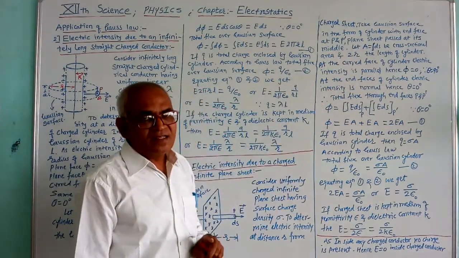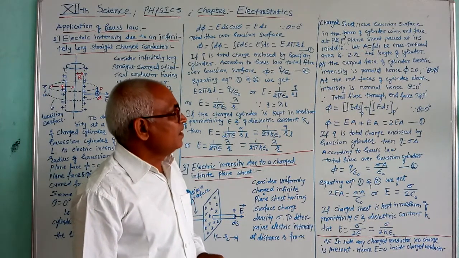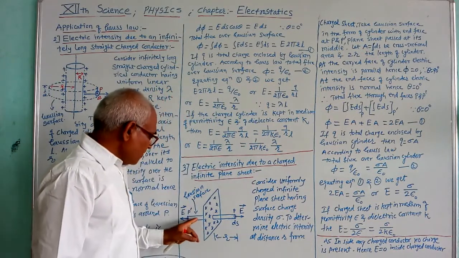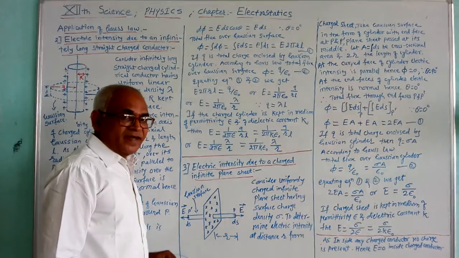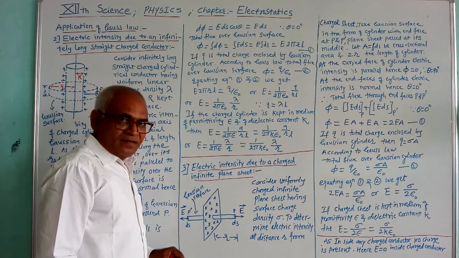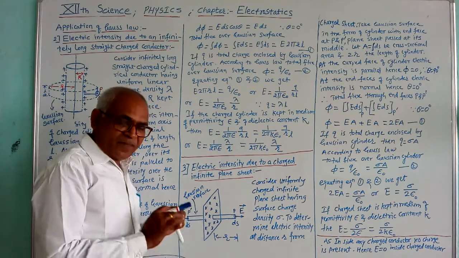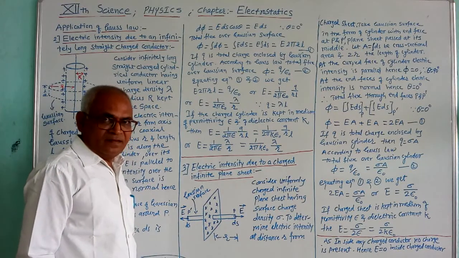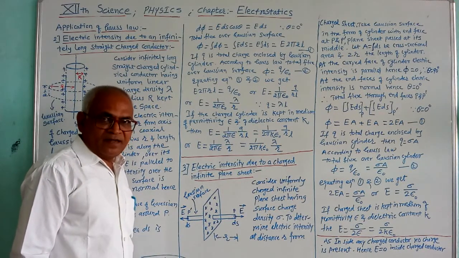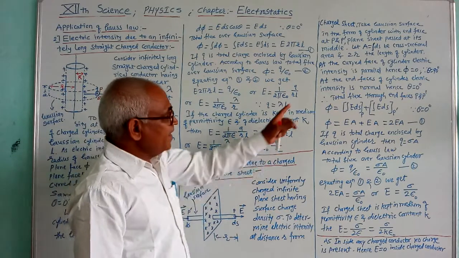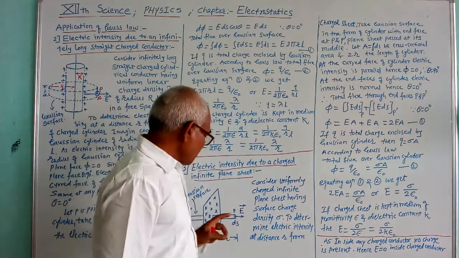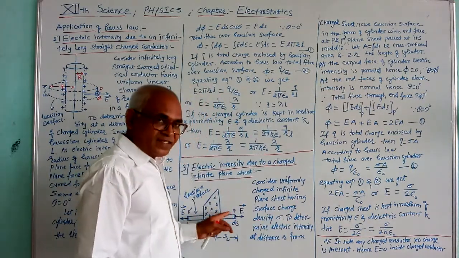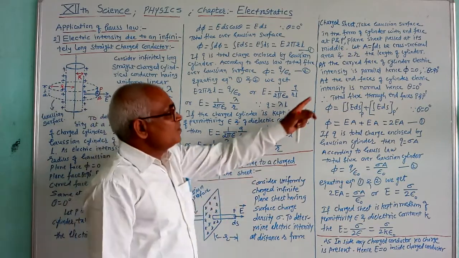Now at the curved face of this Gaussian cylinder, the electric intensity is parallel. Therefore theta is equal to 90 degrees in that case. Hence the total flux over the curved face of this Gaussian cylinder is equal to 0.